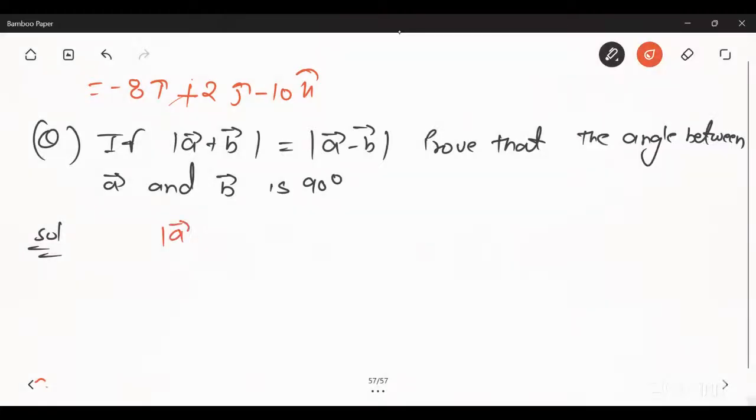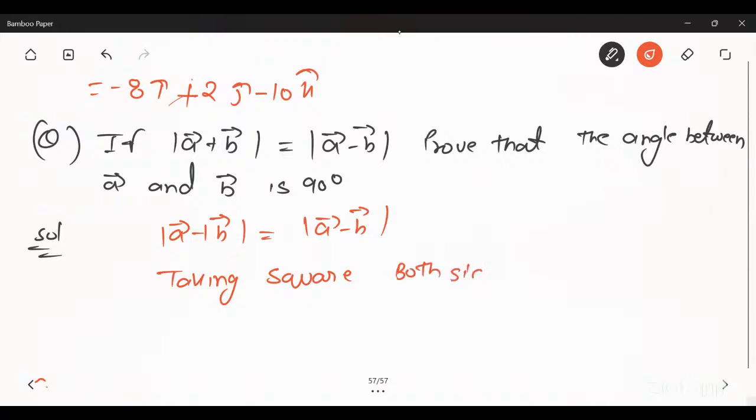So what is given? It is given that |a + b| = |a − b|. Now taking the square on both sides: if they are equal, their squares are also equal. Taking the square on both sides, you will get |a + b|² equal to |a − b|².